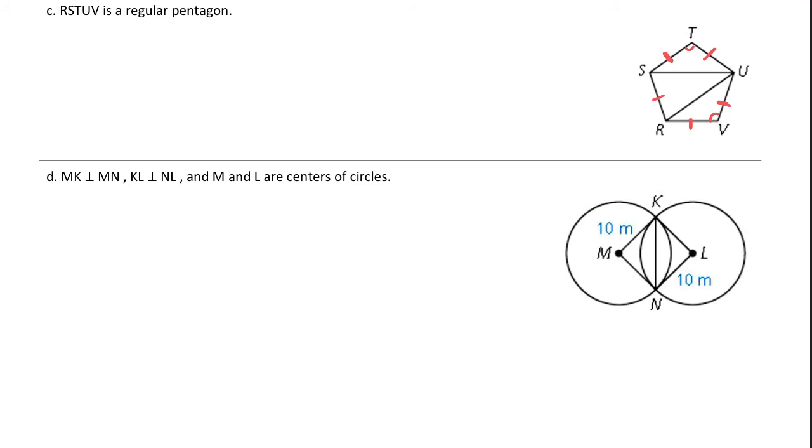So the triangles I would pick out, we should be able to kind of see, but I would say that triangle RVU, this triangle down here, RVU, is congruent to, I could just say, triangle TSU.